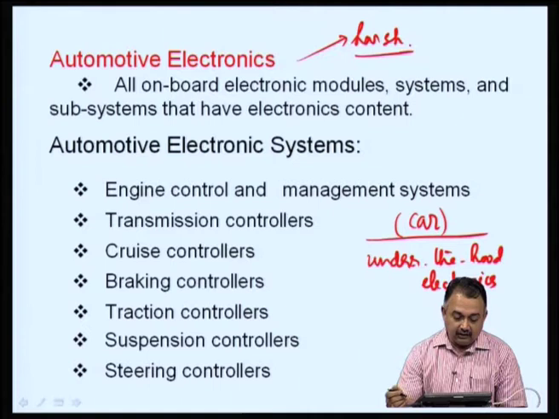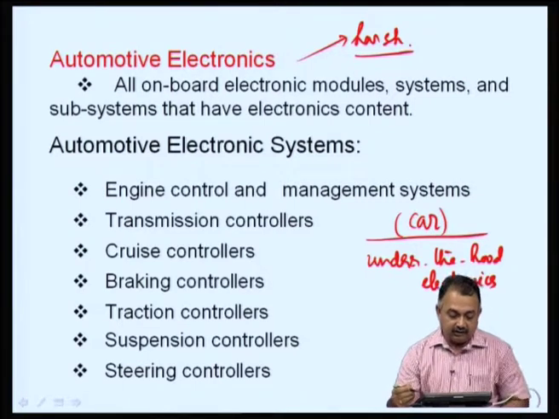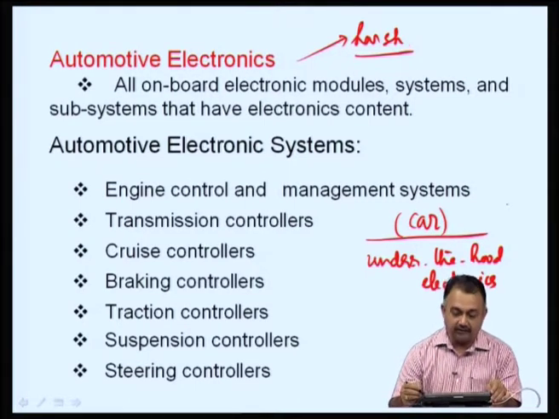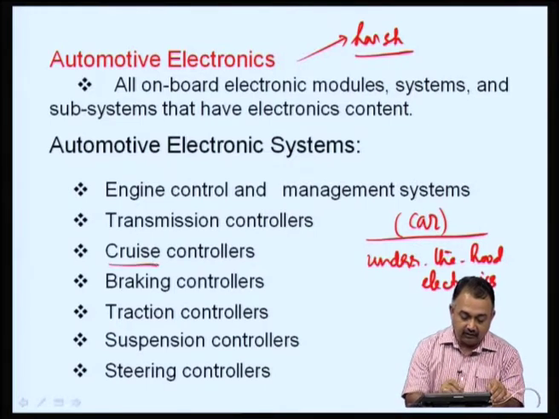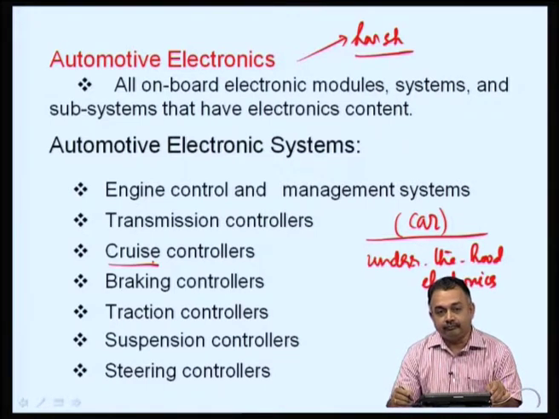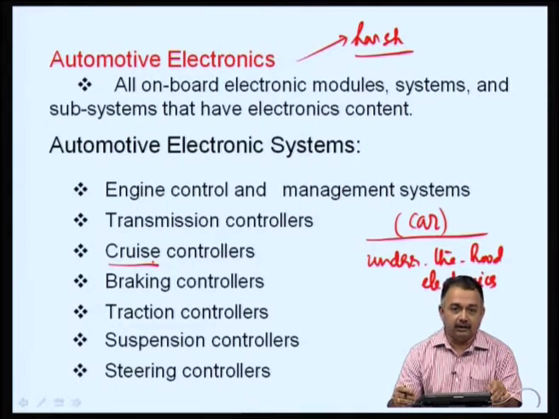So, let us look at the representative products in automotive electronic systems. The first thing is engine control and management systems, very important. Transmission controllers, cruise controllers. Today's cars come with an auto cruise facility, and therefore you need to control the speed of the automobile and give information to the navigator or the driver about the cruise control mechanism and safety regulations also.